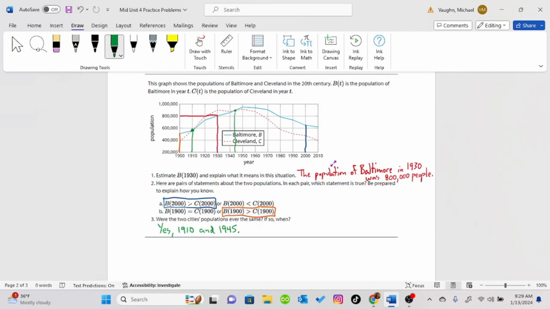So those would be the 2 years where the populations were the same because the lines cross each other at those times. We start out with Baltimore having more people than Cleveland. Then they cross each other, and Cleveland has more people than Baltimore for a little while. And then they cross each other again, and Baltimore starts to have more people than Cleveland.